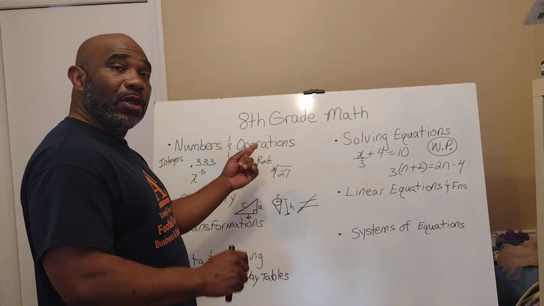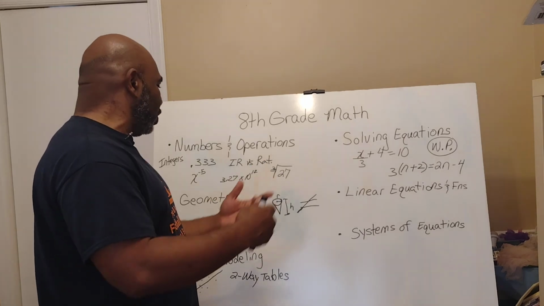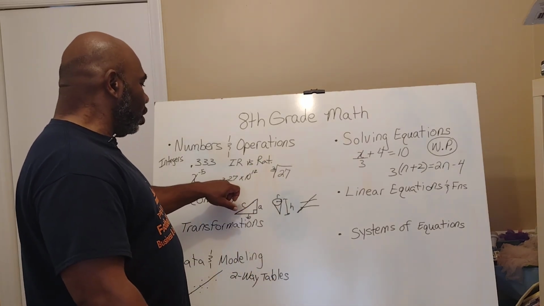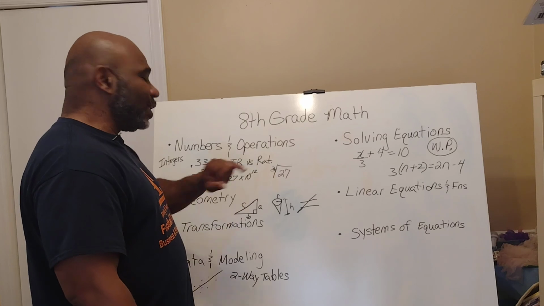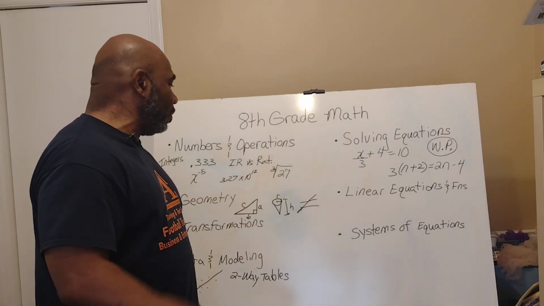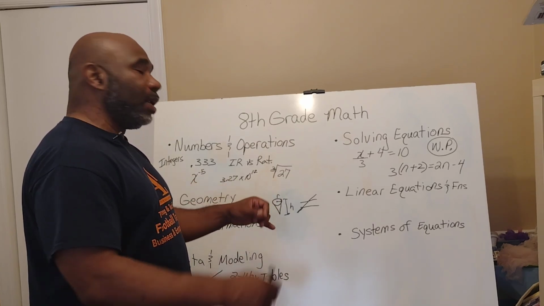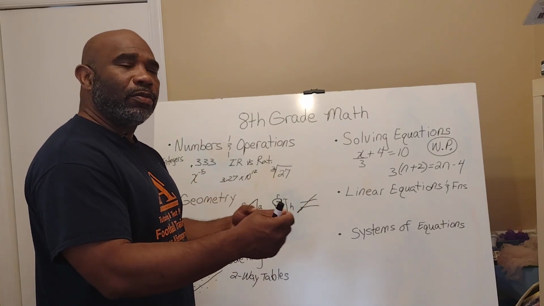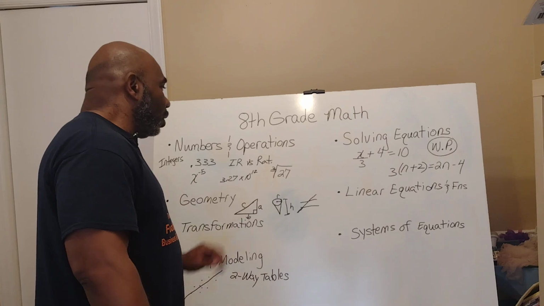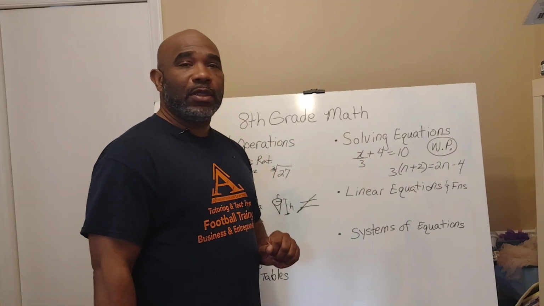We do operations with exponents, with variables, as well as traditional integers. We deal with scientific notation, expressing very large and very small numbers, square roots and cube roots of numbers, and approximating different roots.